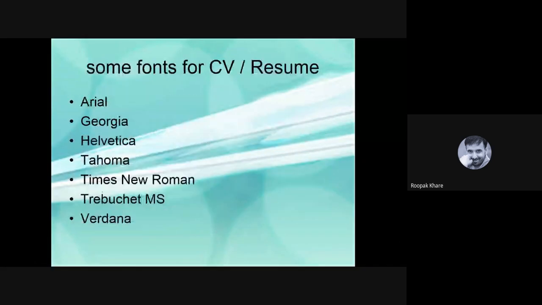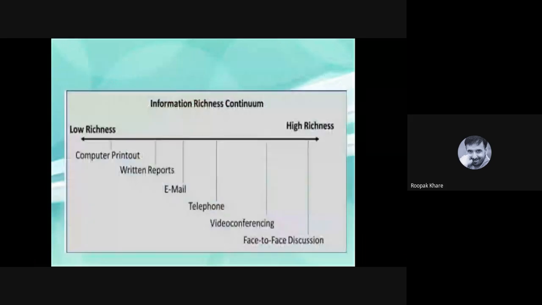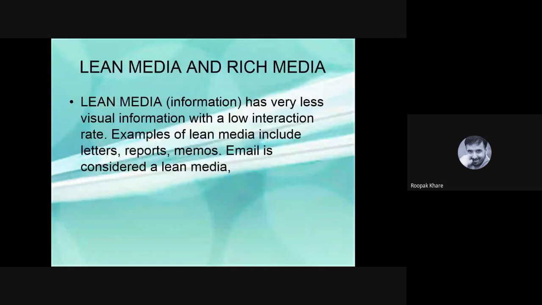Lean medium. Lean means thin, right? So a medium which has less visual information is called a lean medium, because the interaction is very low in it. As I told you in the first presentation, day one, verbal versus non-verbal communication is very crucial.